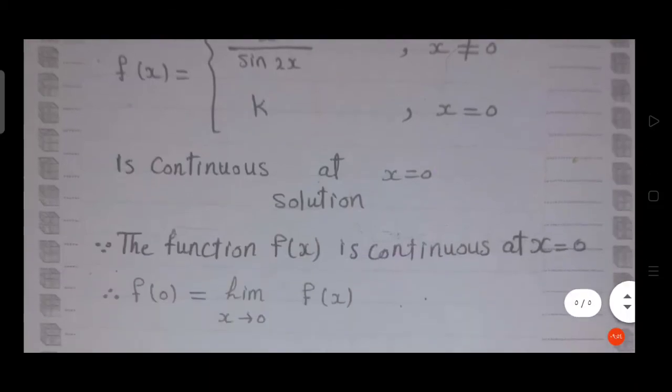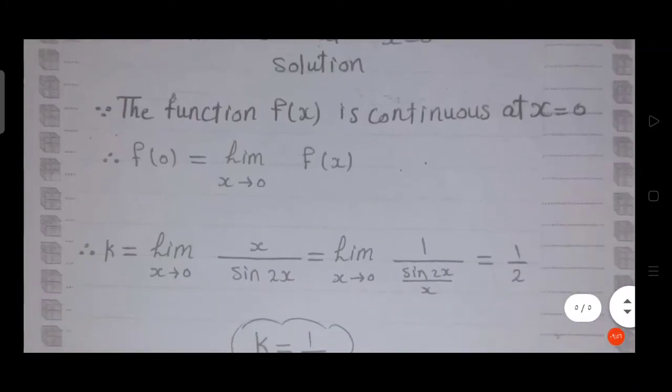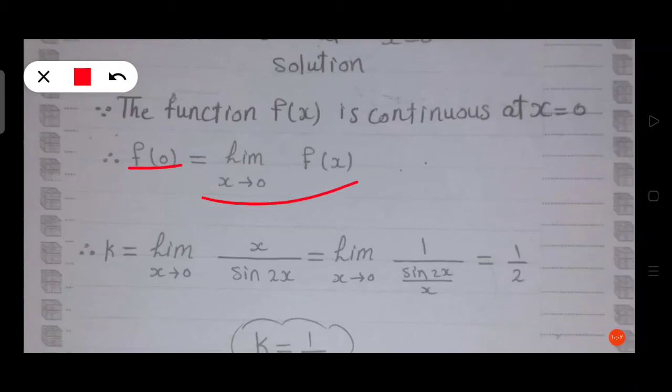Now, from the condition of continuity, f of 0 equals the limit as x tends to 0 of f of x. f of 0 here has value k, and the limit of f of x here is x over sine 2x.